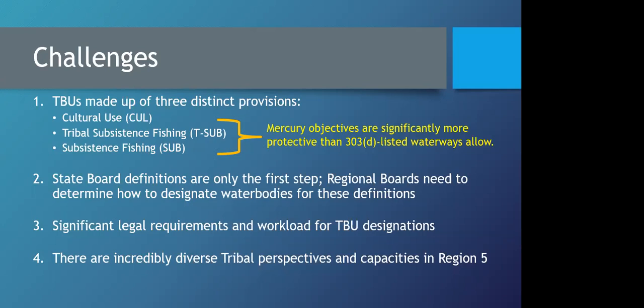There are significant legal requirements, of course, and workload for TBU designations. And there are really diverse tribal perspectives and capacities in Region 5. Those of you who don't work with tribes regularly, there are federally recognized tribes who often have more resources because of economic investment or Bureau of Indian Affairs resources.